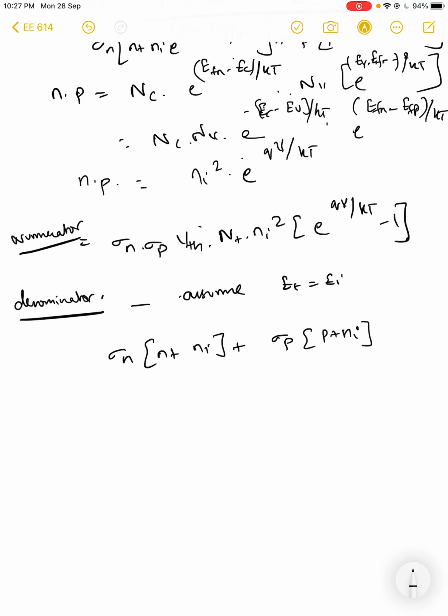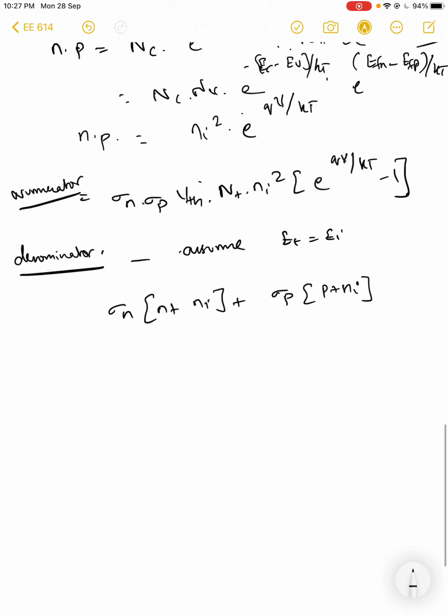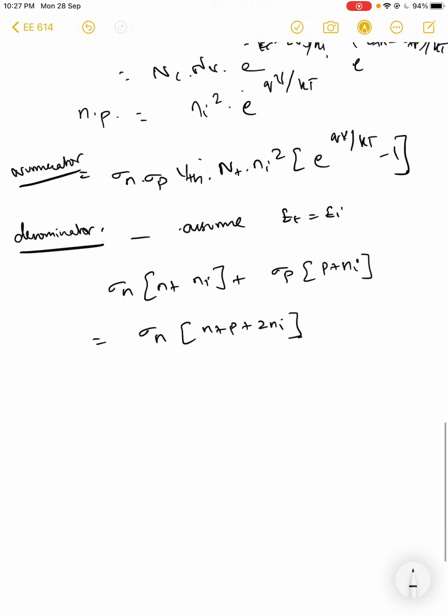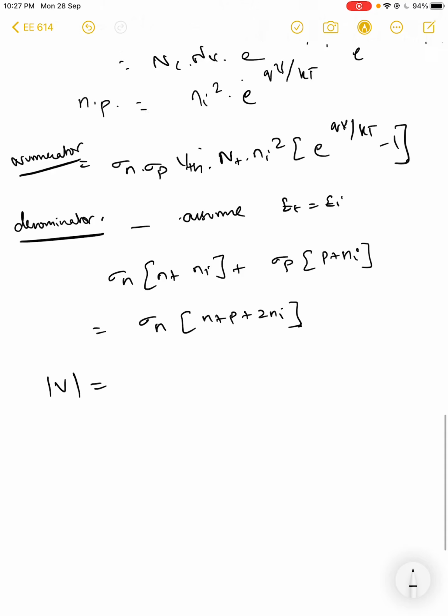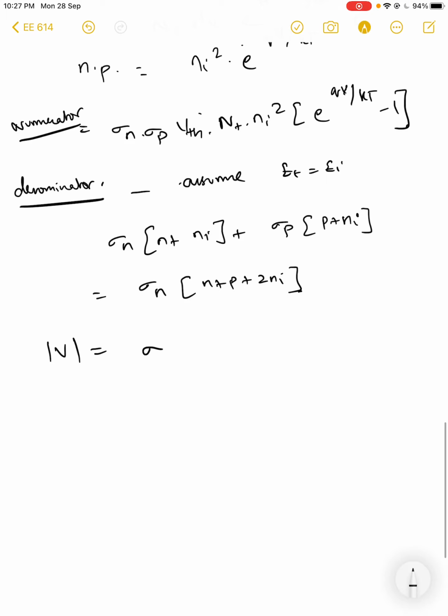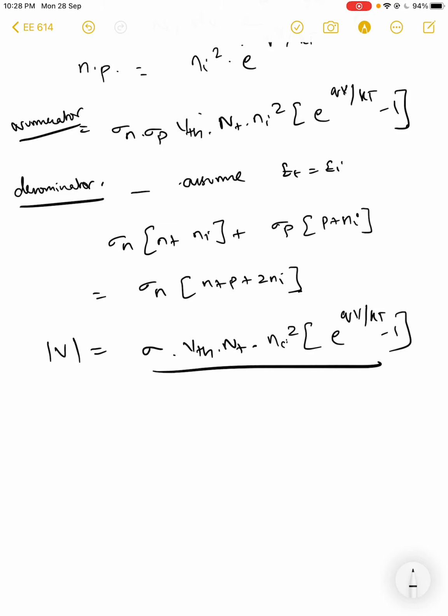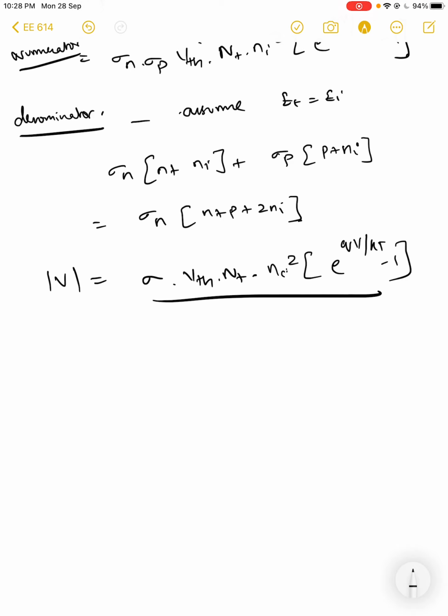And if we assume sigma n is equal to sigma p as we did the last time, we will have sigma n is n plus p plus 2 ni, right? So now let's calculate the U, which is just the numerator versus denominator, right? So we will have sigma n sigma p vth Nt ni square e power qV by kT minus 1, divided by sigma n sigma p, right?